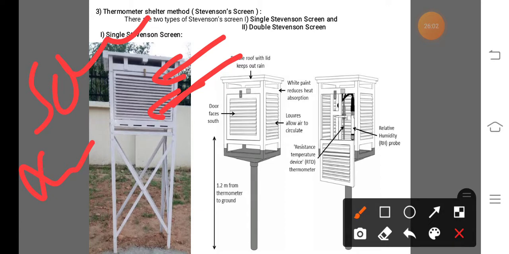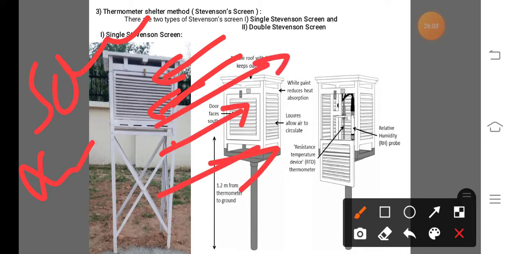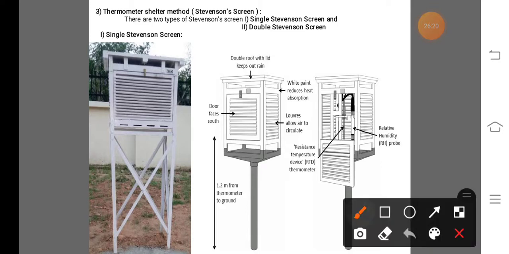Here the white surface is helpful to maximally reflect the solar radiation incident on the single Stevenson screen, and it is also helpful to reduce the effect of solar radiation. So like that, the single Stevenson screen is painted with white paint.